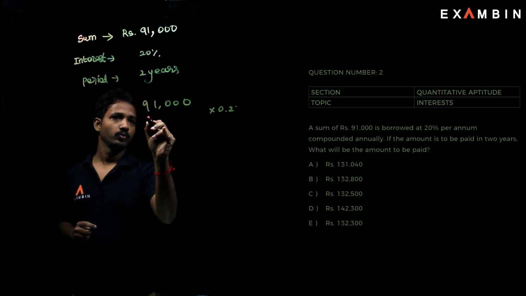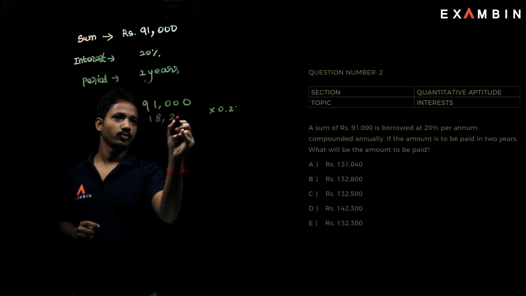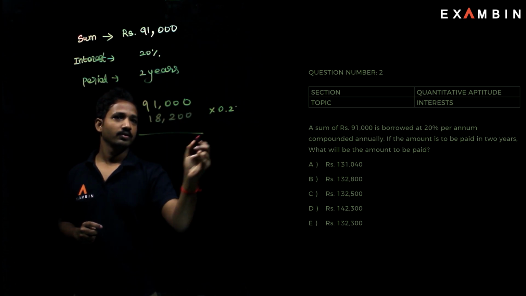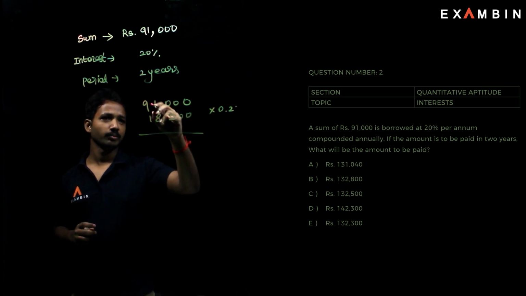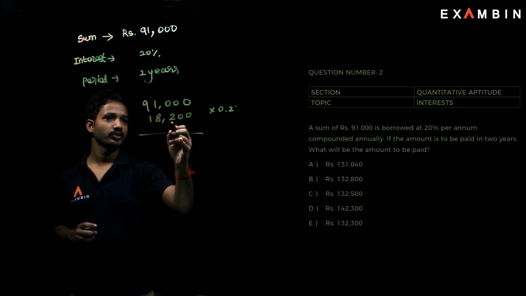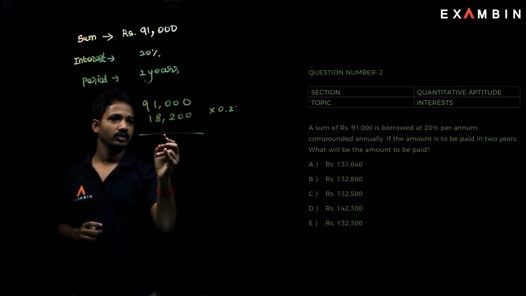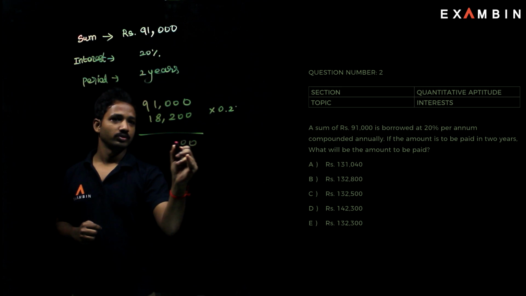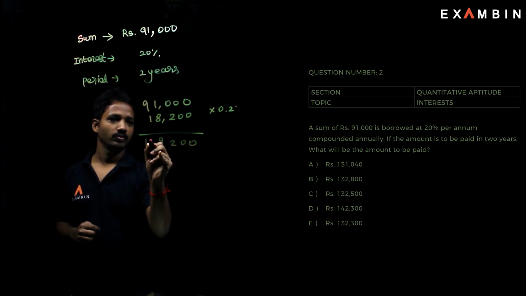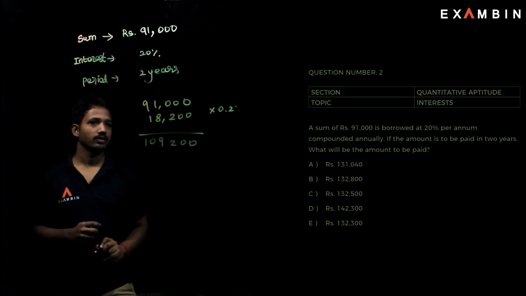So simply I am multiplying 91 into 2, 182, adding 2 zeros, 18,200. Okay. So the amount at the end of the first year is 1,09,200.